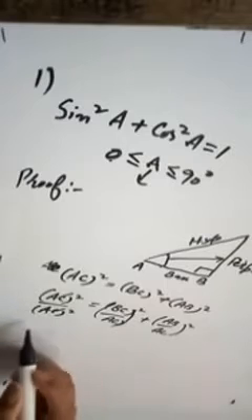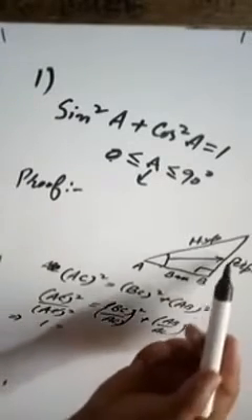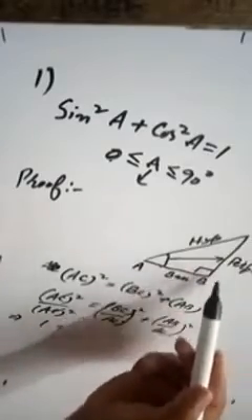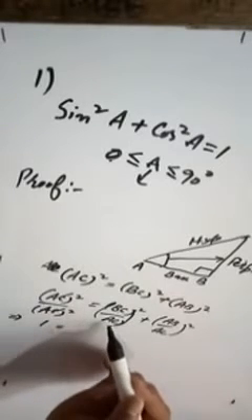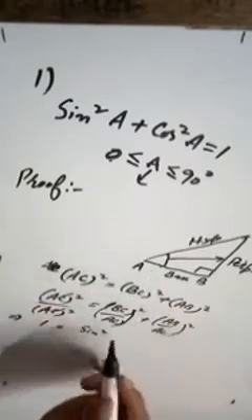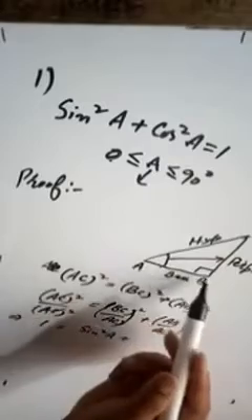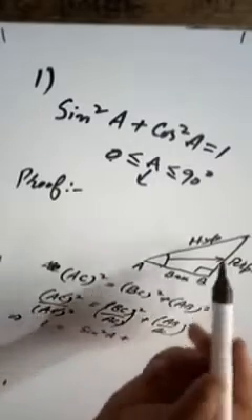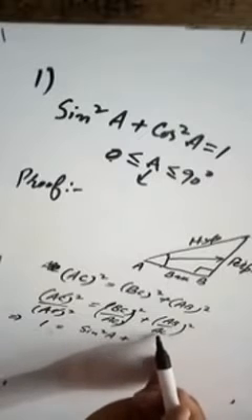Now this will be cancelled, which implies 1 equals, if you check here, BC is the perpendicular and AC is the hypotenuse, so this is the ratio between the perpendicular and hypotenuse. Perpendicular by hypotenuse is sine, so it is sine square of angle A, plus here, check, AB is the base and AC is the hypotenuse, so this is the ratio between the base and the hypotenuse.